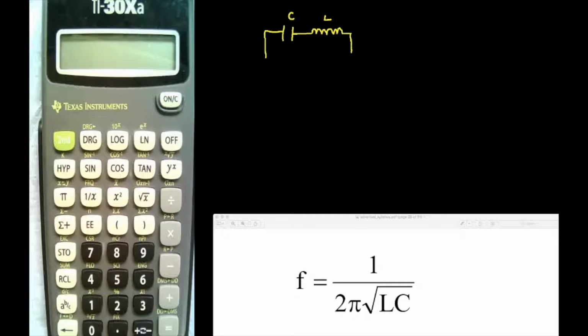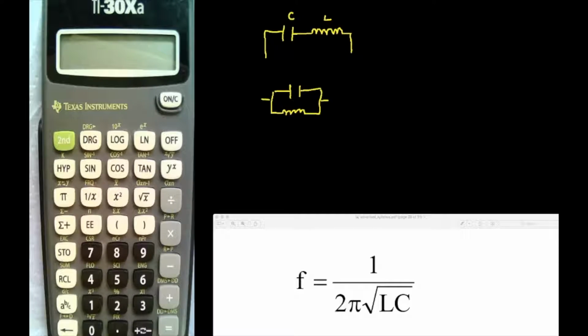You could also have a parallel tuned circuit looking like that, with the two components in parallel. And the formula below that you can see on your screen relates to both of them.